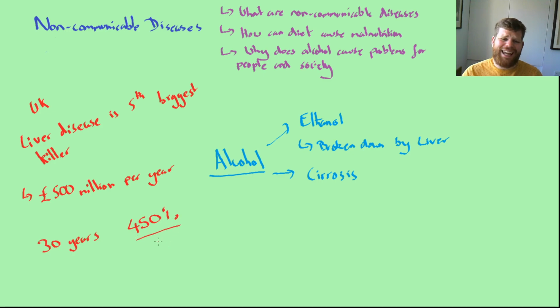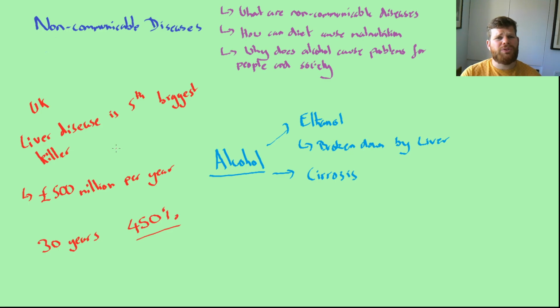That is quite a staggering amount. It's huge. In just 30 years, 450% more people are dying from alcohol-related diseases. So this is where it comes into society and actually thinking about the moderation of use of alcohol within our societies, thinking about how we can educate people on the dangers of alcohol.